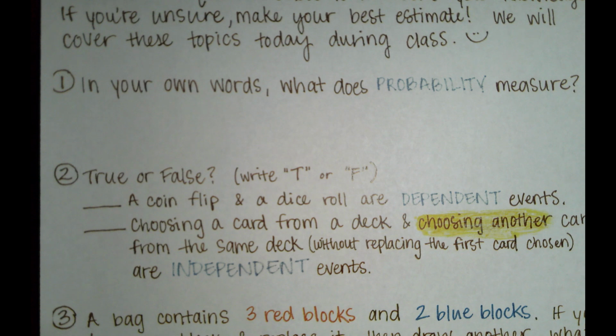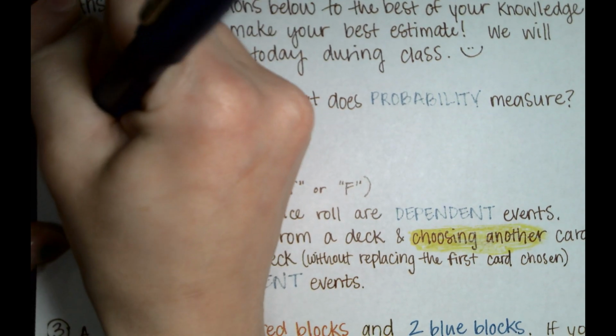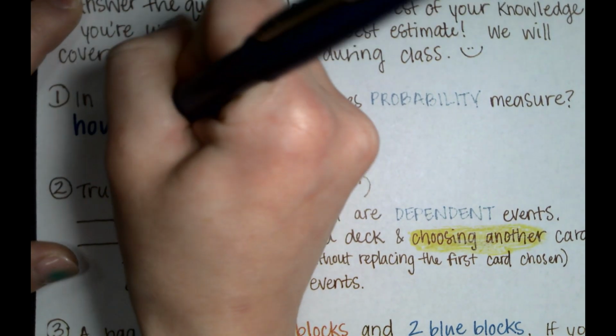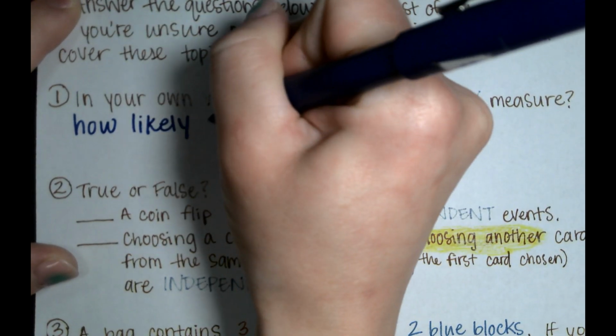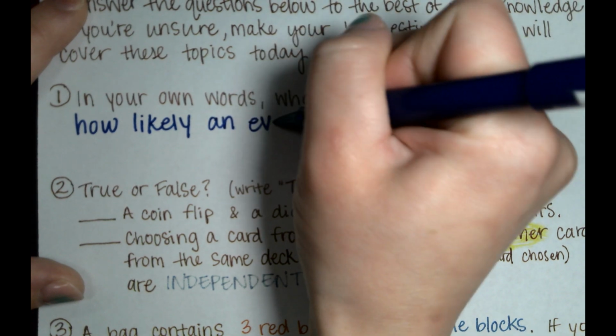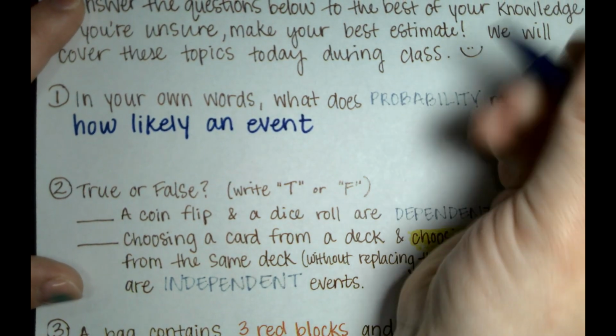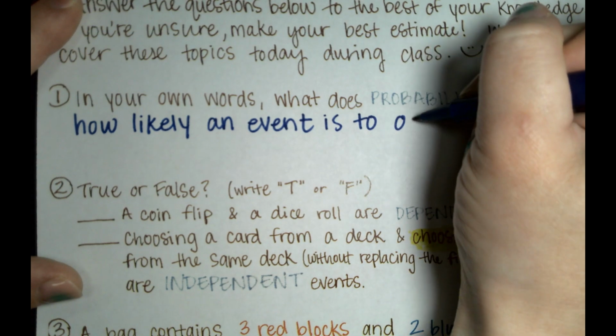Let me grab a writing utensil. So probability measures how likely an event, such as rain happening, so how likely an event is to occur or happen.